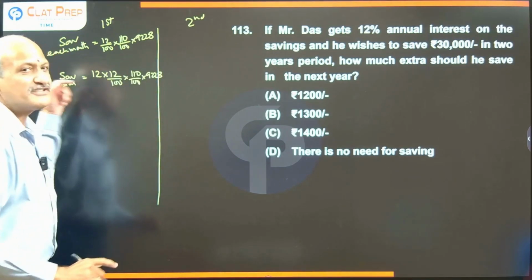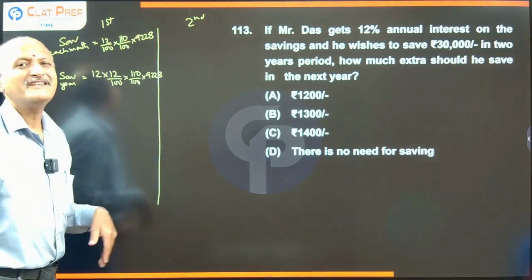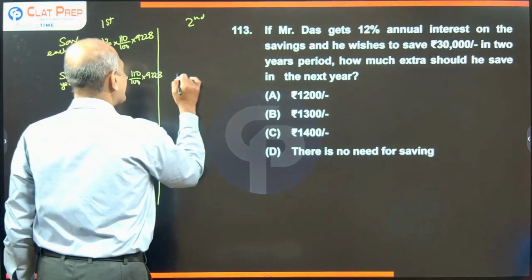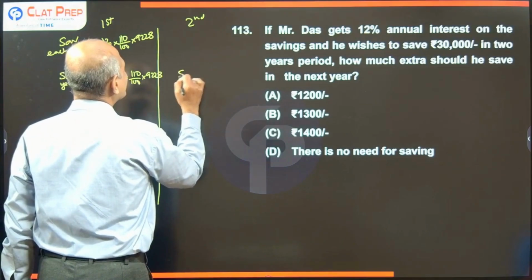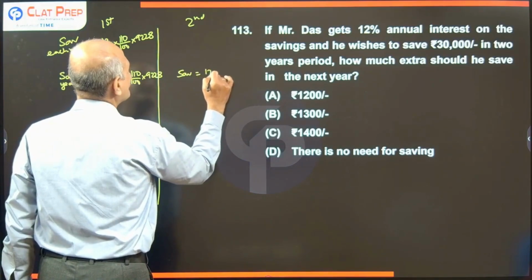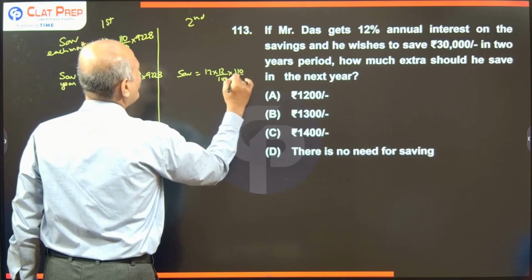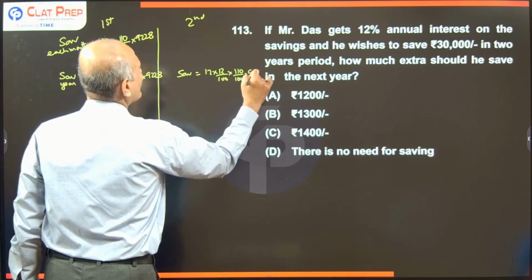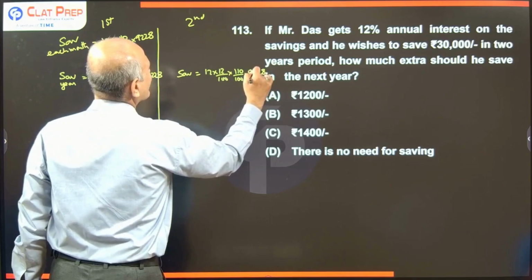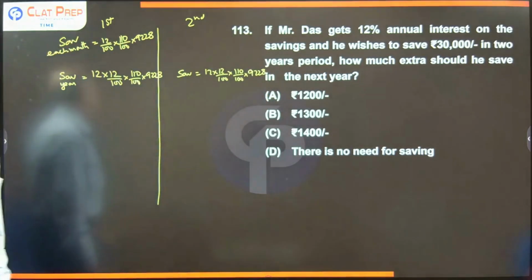Not only in the first year, even in the second year also he would be saving that. So in the second year also his savings will equal 12 into 12% of 110% of 9228. This is what he is going to save in the second year.